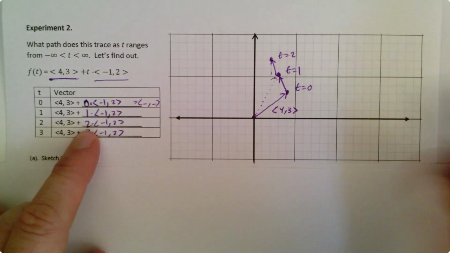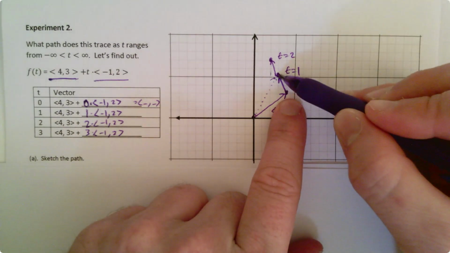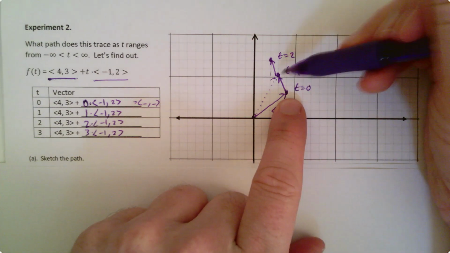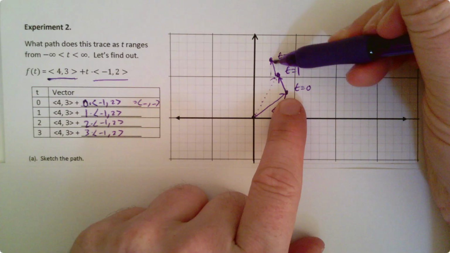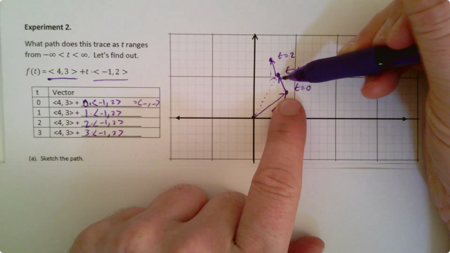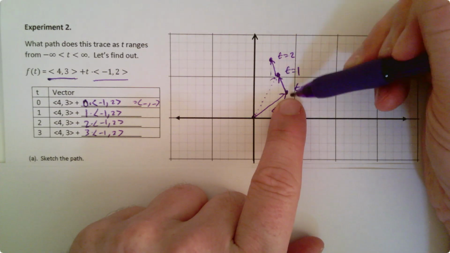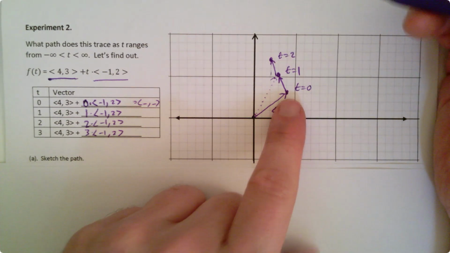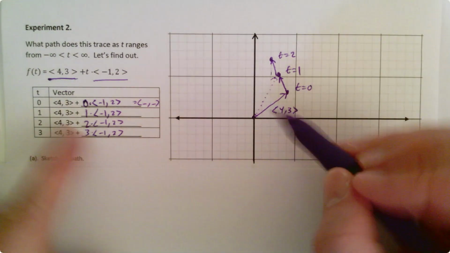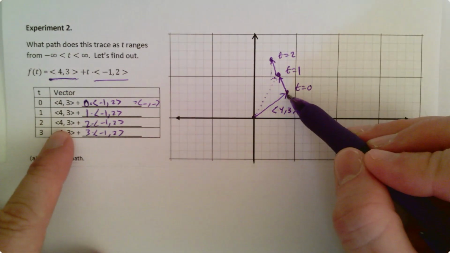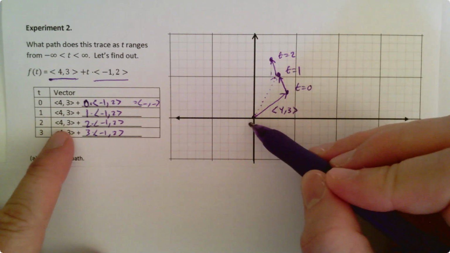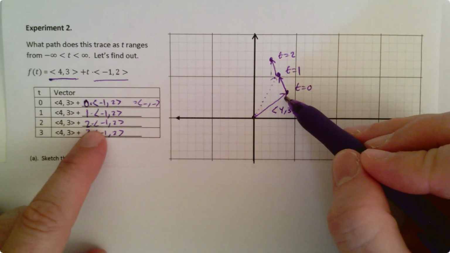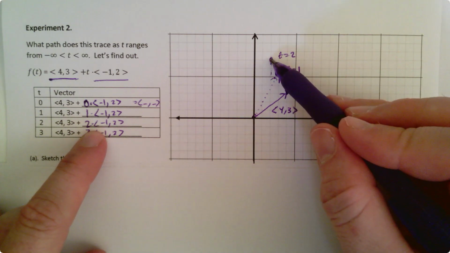A different way to think about it is, let's take this vector that's -1, 2, and let's stretch it to be twice as long. So instead of -1, 2, now it's -2, 4. It's twice as long, but in the same direction. Either way, if you imagine doing one displacement and then the other, you'll see you got the 4, 3, and then we've got the scaled -1, 2, which takes us to here.